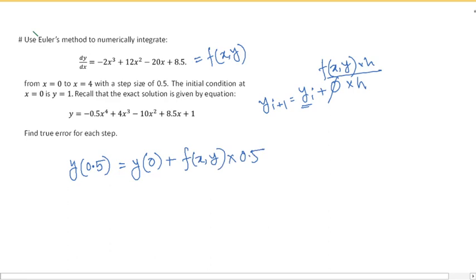Here x is 0 and y at x equals 0 is 1, so y0 is 1, and we put these values in, so this is f(0, 1).